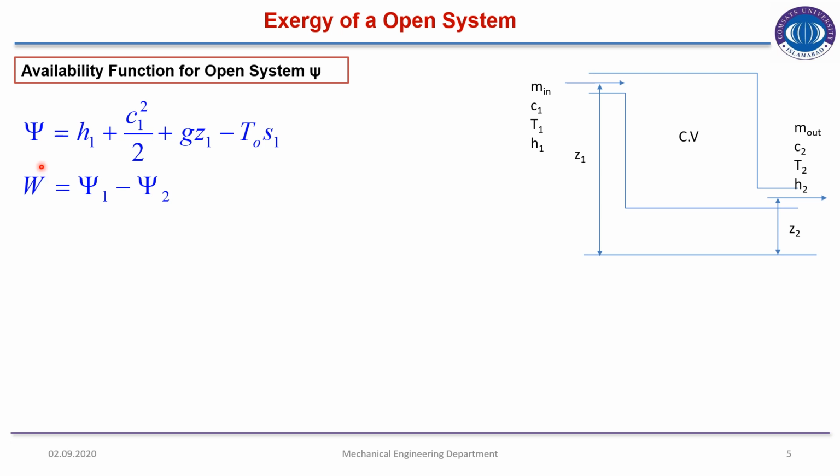So psi 1 represents the availability function for the inlet, and psi 2 represents the availability function for the outlet.